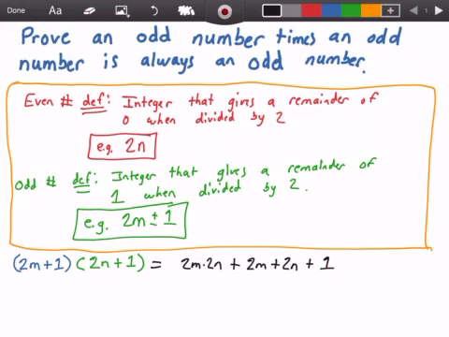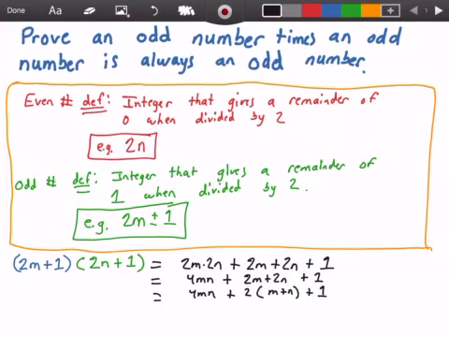So now what is this equal to? So this is equal to 4 times m times n plus 2m plus 2n plus 1. And this is equal to 4mn plus 2 times m plus n plus 1.